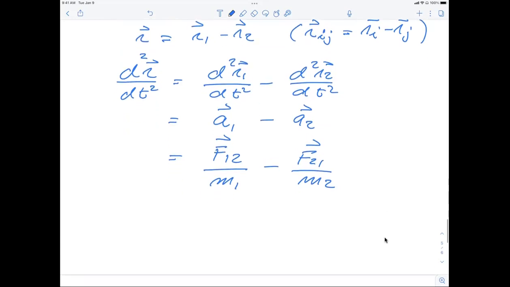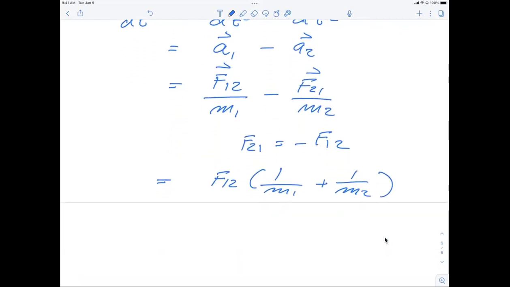Then F21 is equal to minus F12. That follows from Newton's third law. So we can then rewrite things in terms of F12 times 1 divided by M1 plus 1 divided by M2 here.